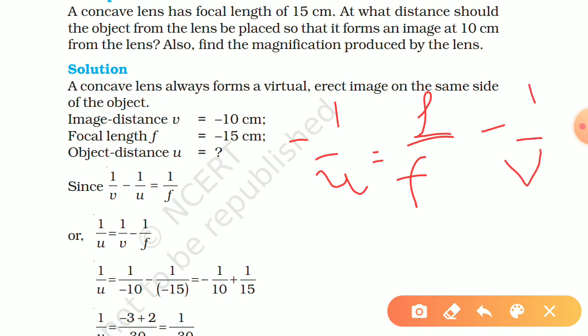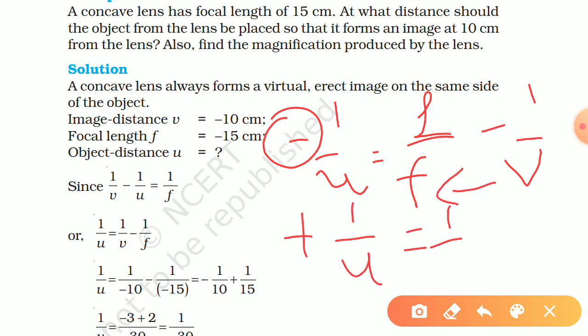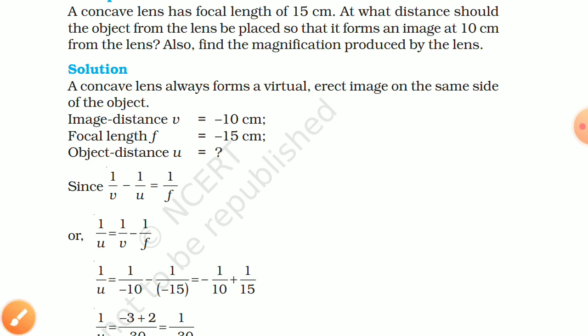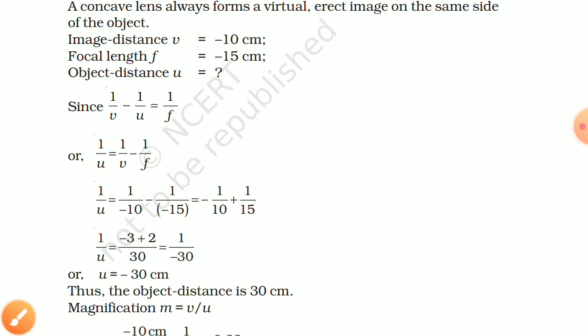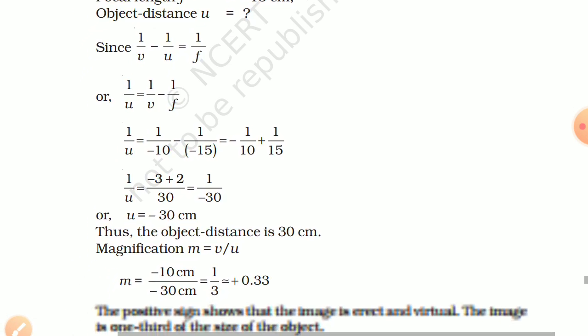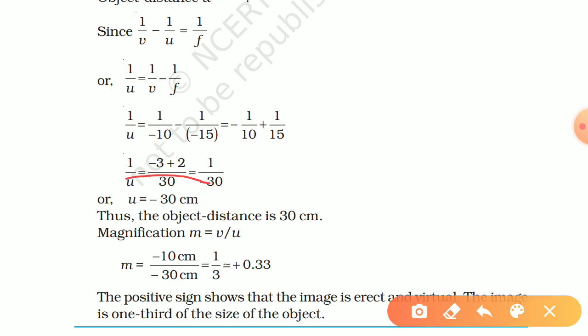But due to this minus sign, we have to take it plus, so 1 upon u, and this will be interchanged, so 1 upon v minus 1 upon f, and 1 upon v is minus 10 and 1 upon f is minus 15. So when we solve, we get u is equal to minus 30 centimeter.